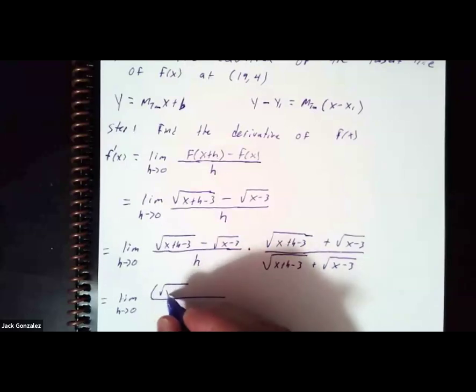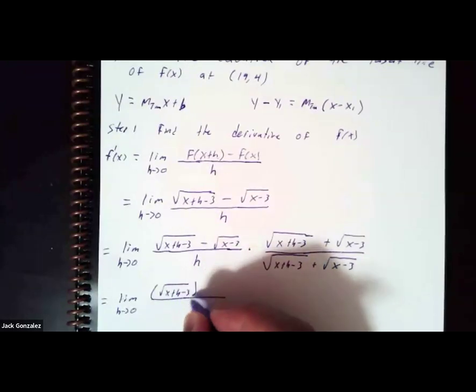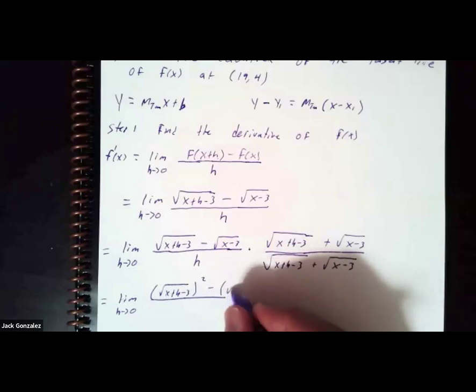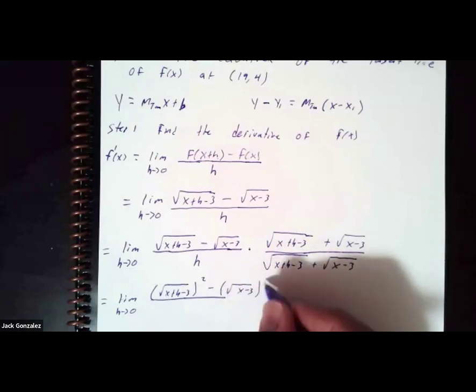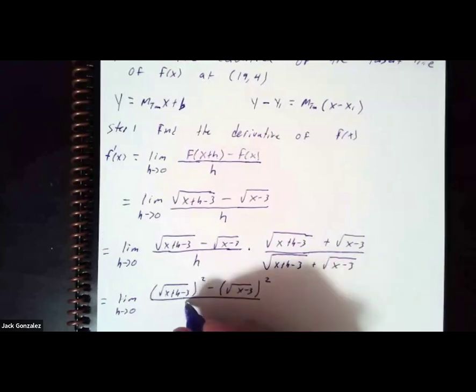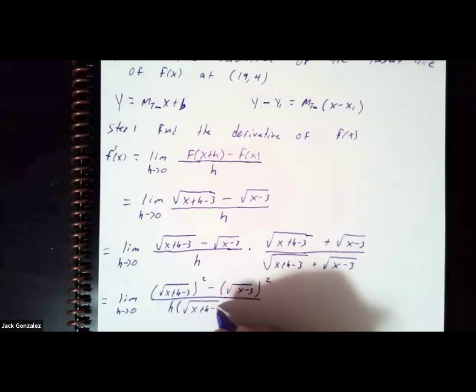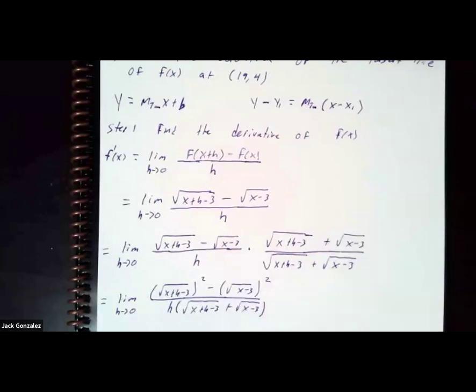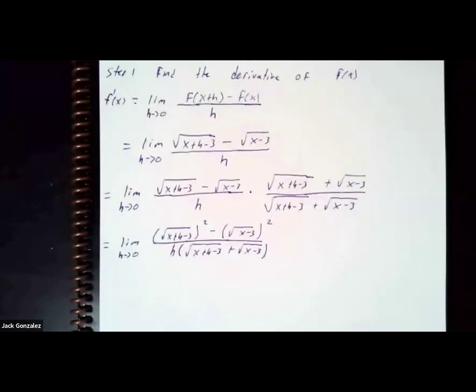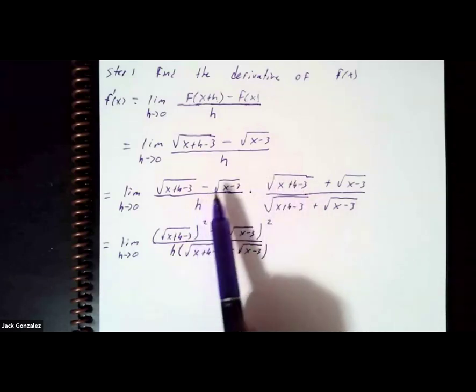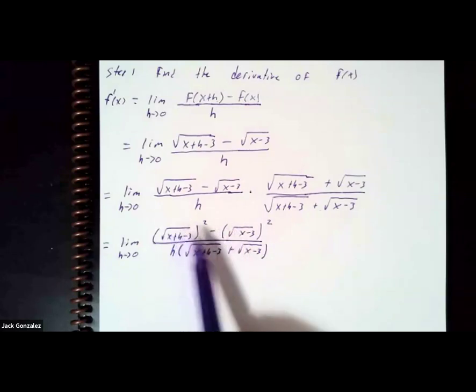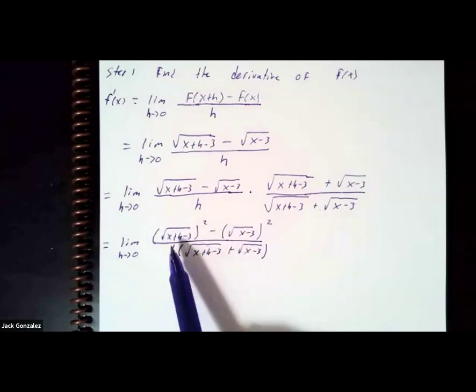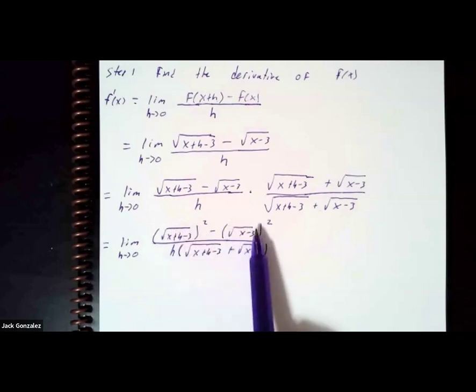I'm going to skip a minor step. If it bothers you, let me know. The conjugate allows us to use the difference of squares on top, and you end up with this. I'm not going to mess with the bottom, just leave it there. We mainly want this to happen.